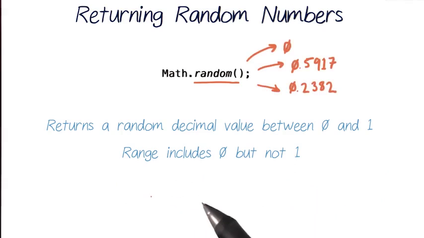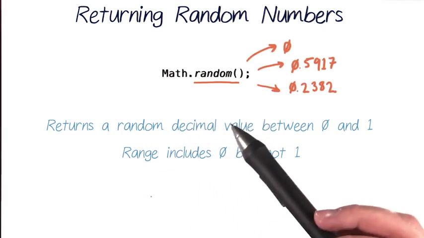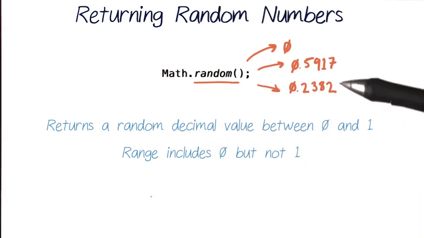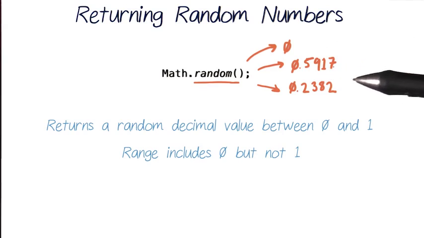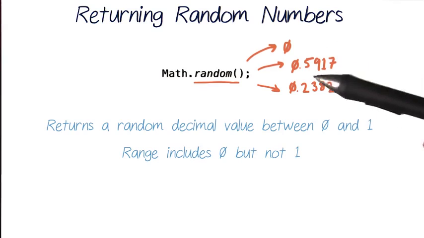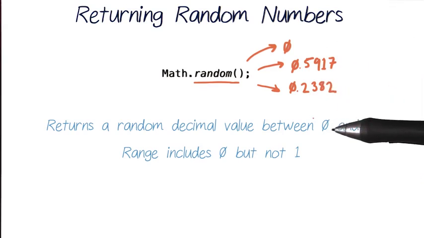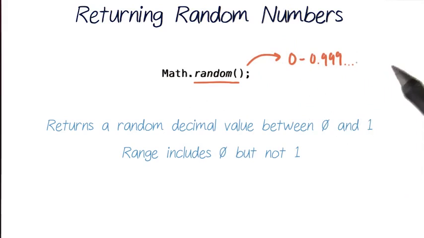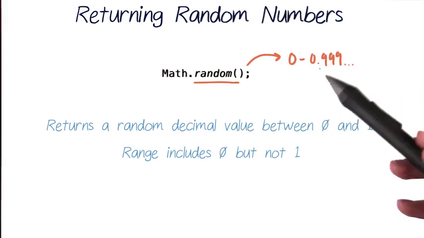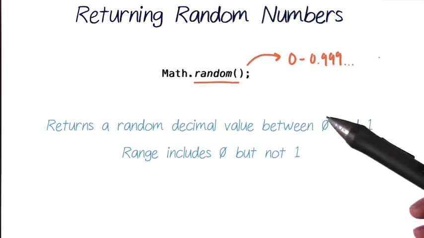And each time we call random by saying Math.random, this will return a random number. Like one call might return 0, another 0.5917, another 0.2382, and any small decimal up to almost 1. Its maximum return value is still going to be a decimal point, just really close to 1, something like 0.9999.